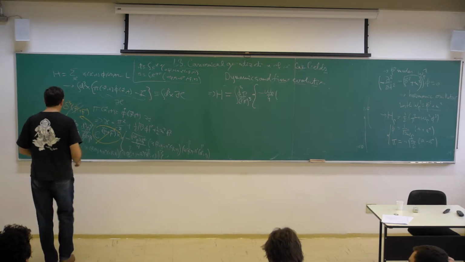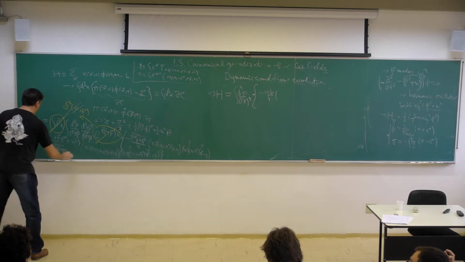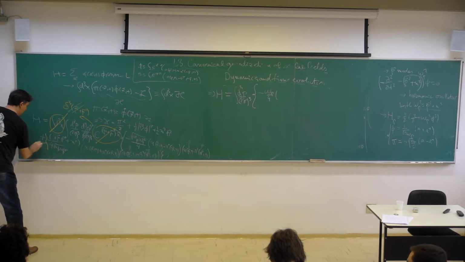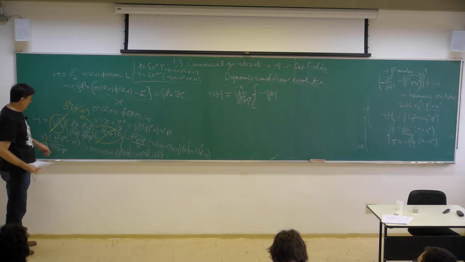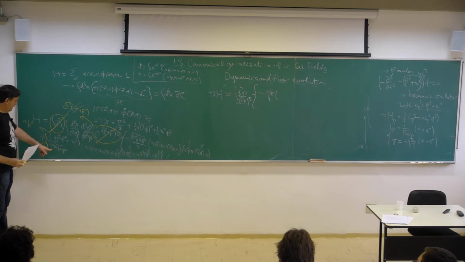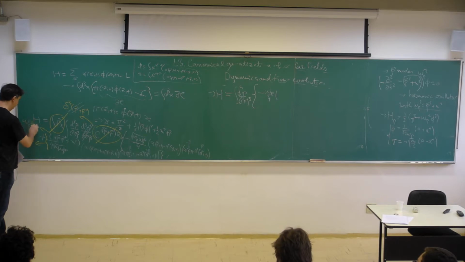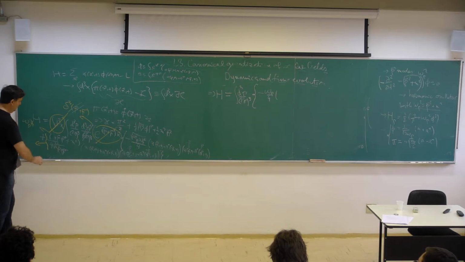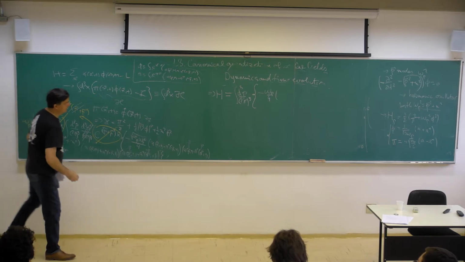So yeah. First of all, let me calculate this. So this here is, I remember that p squared plus m squared is omega p squared. And in the denominator here I get also omega p. So I will cancel one of these with one of these, which allows me to give a common factor.